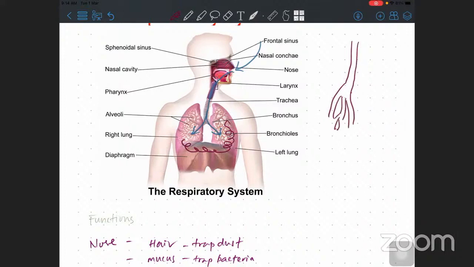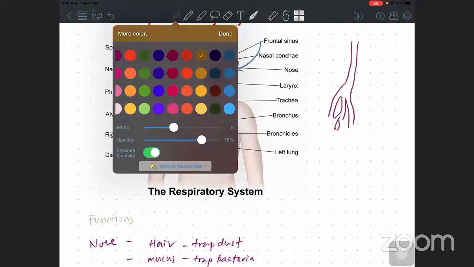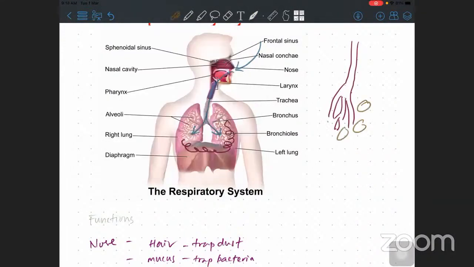Okay, so the cell by the side will also exchange the oxygen and the carbon dioxide.